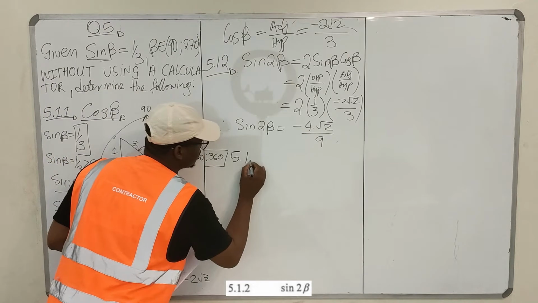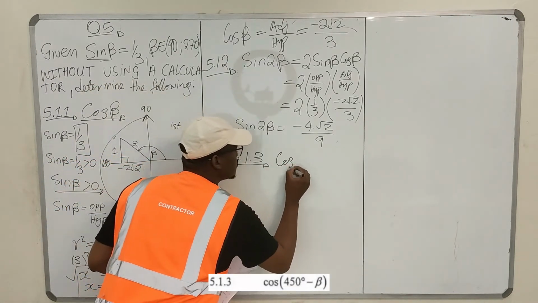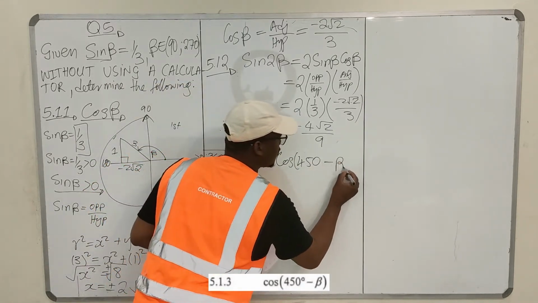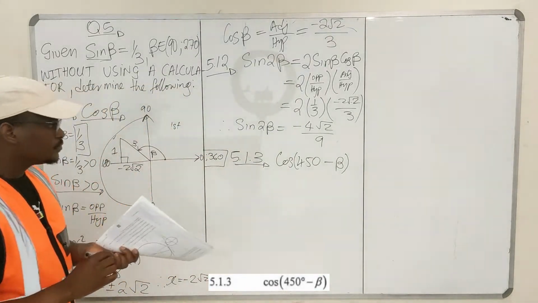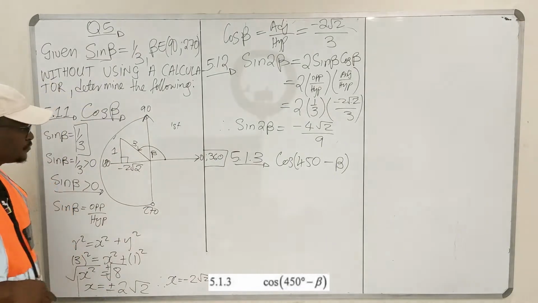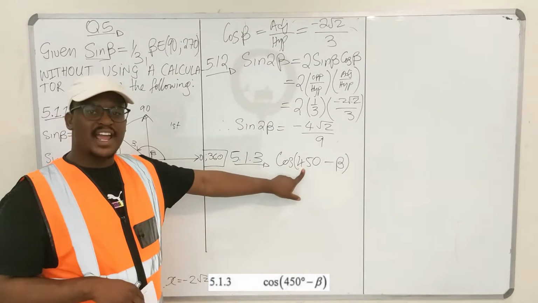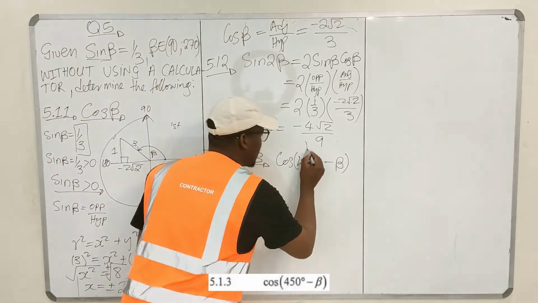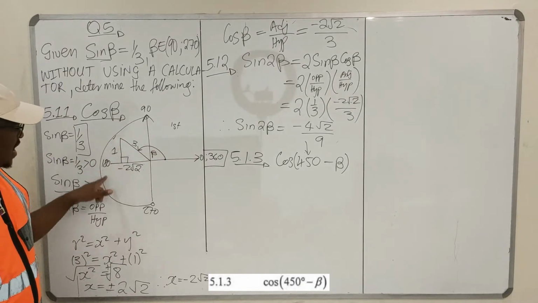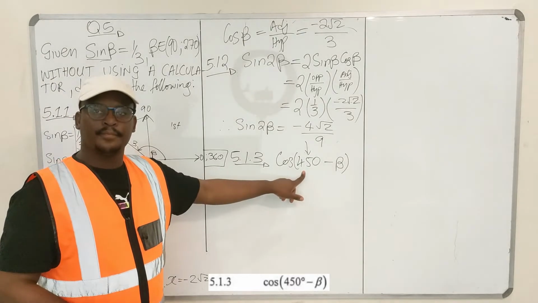We'll move to the next one, 5.1.3. They're asking to find cos of 450 minus beta. What I always do is, if the angle that I have here does not lie between 0 and 360, I always reduce it.